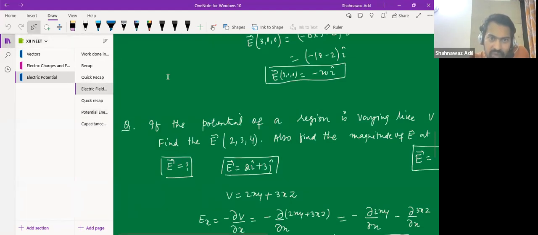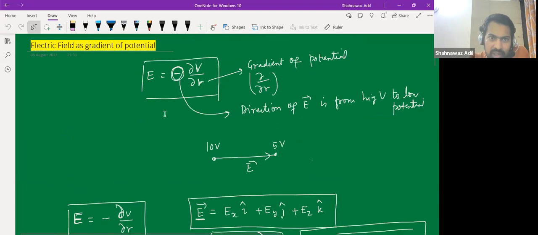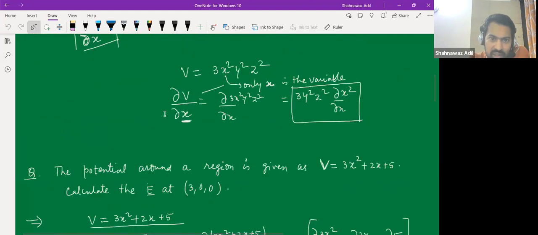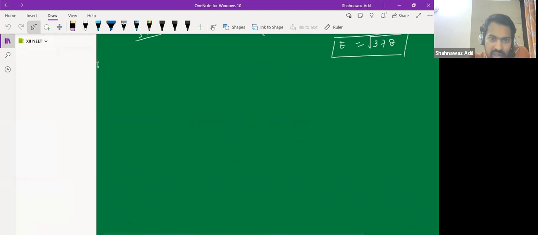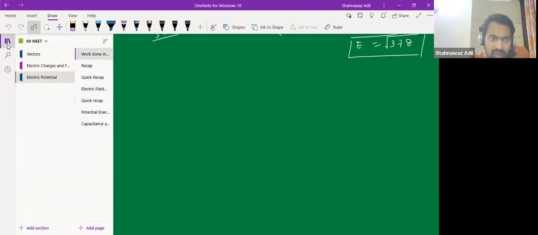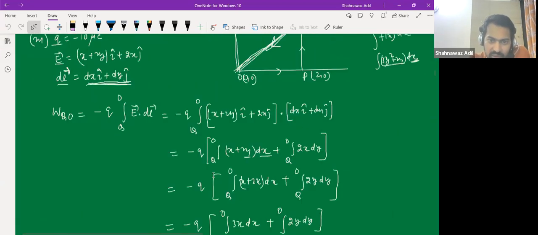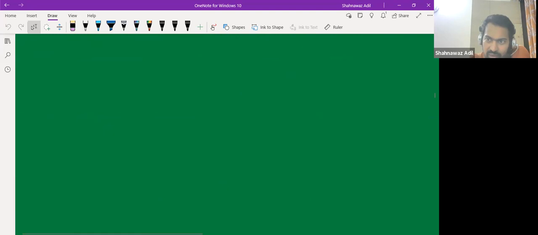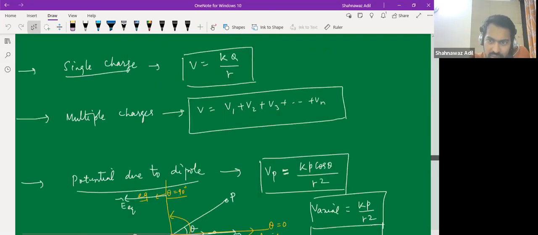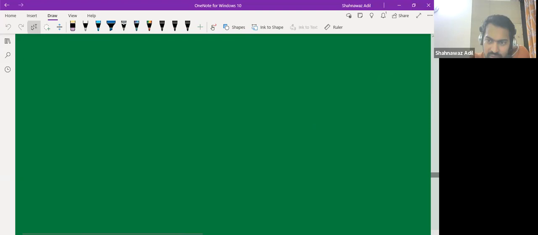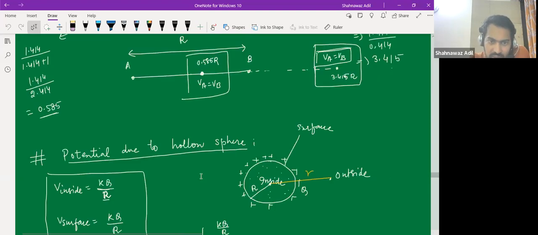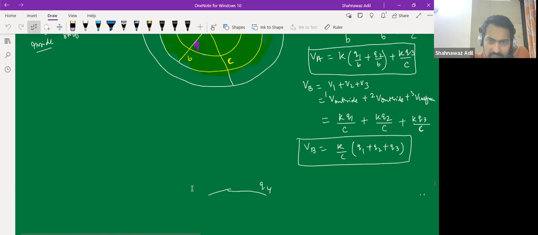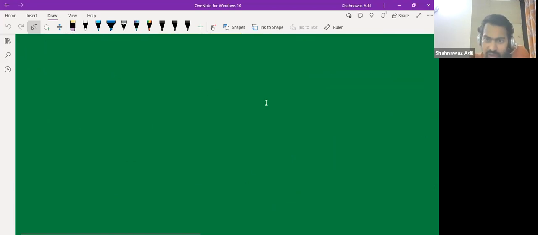When we were calculating the potential, we were applying the earth, right?